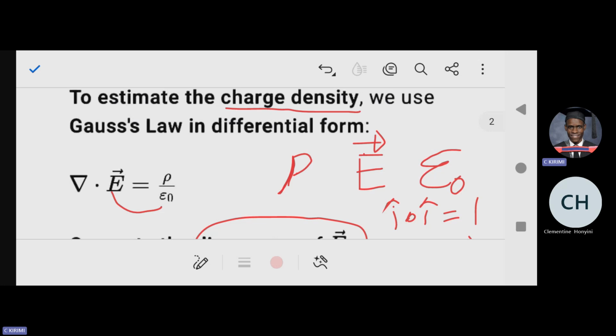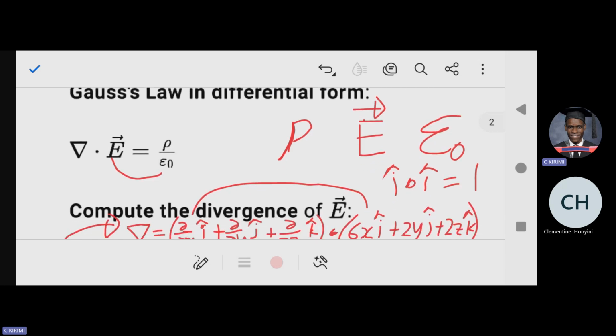If you want to make rho the subject of the formula, what are you going to do here? So rho remains where it is, and I'm going to multiply both sides by epsilon naught. So it's going to be grad dot E multiplied by epsilon naught.